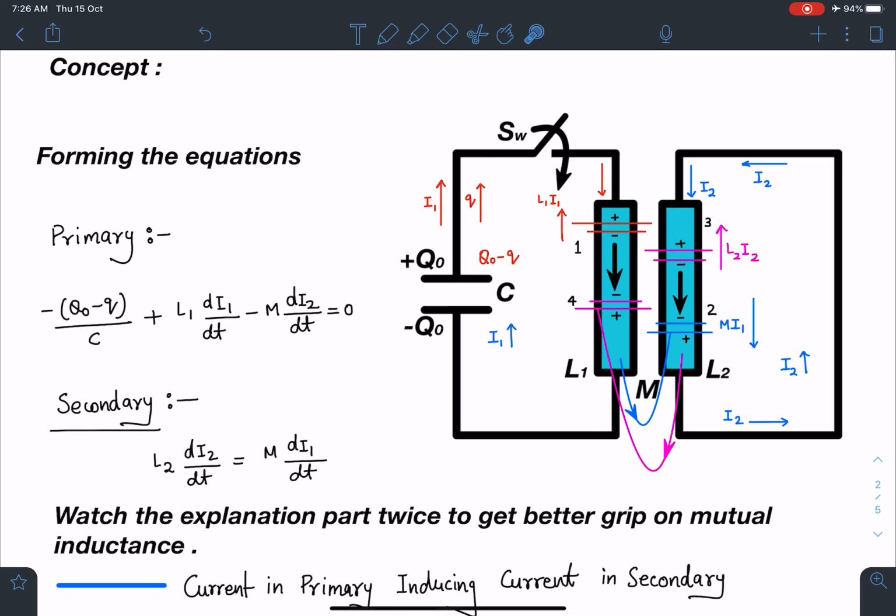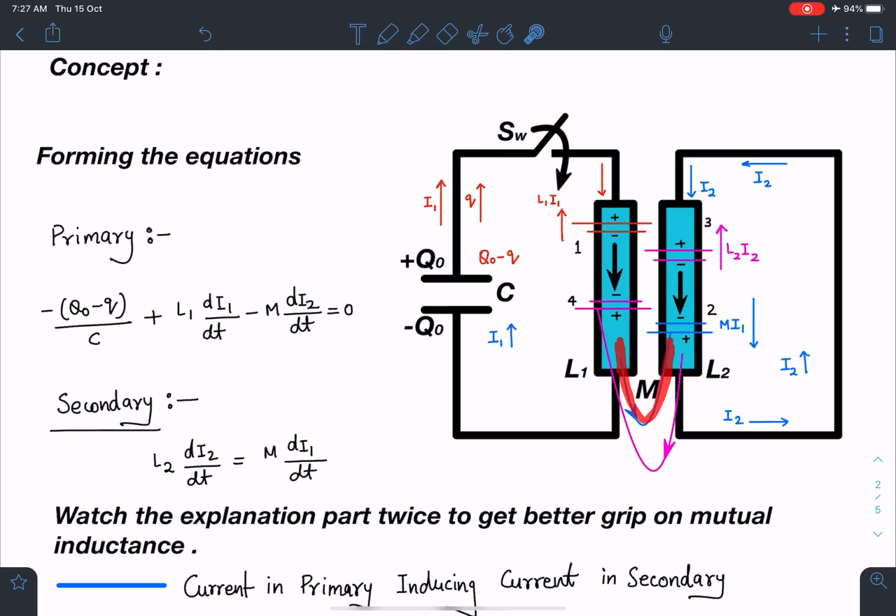So some of the field lines created by L1 must pass through L2. That's where this mutual inductance will come into play. Mutual inductance is, you can say, flux through the secondary is M times current in 1, or flux through 1 due to mutual inductance will be M times current in the second. So due to this increasing current, because I1 is increasing, this field is also increasing.